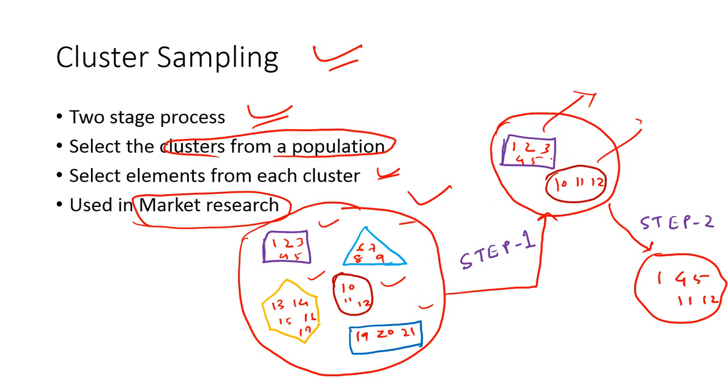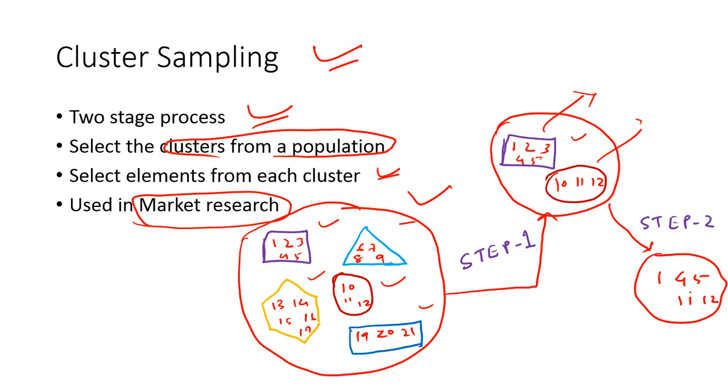We use the simple random sampling technique to select elements from each one of these clusters. So from the cluster square, we selected 1, 4 and 5. And what has been selected from circle are 11 and 12.